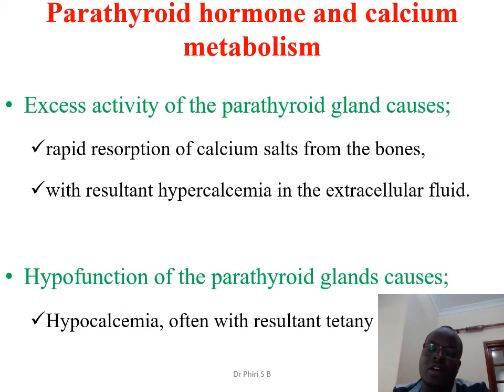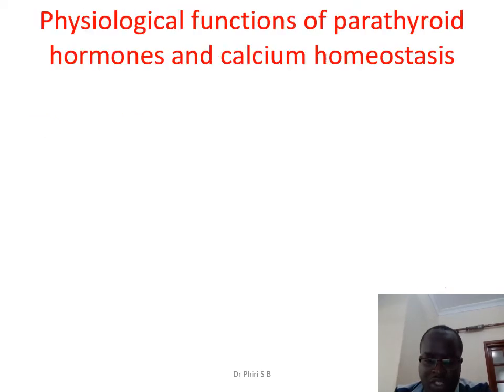So the overall result will be excreting a lot of calcium, which brings about hypocalcemia, and often resultant muscle tetany. There is a hyperexcitability of the nervous tissue, with spontaneous firing of action potentials that will overstimulate the muscles. The muscles will have involuntary contraction. And of course, that can also result in muscle weakness with time.